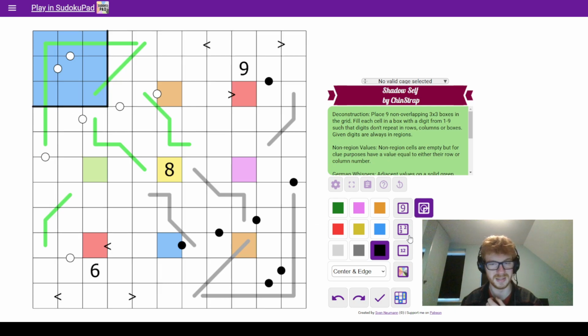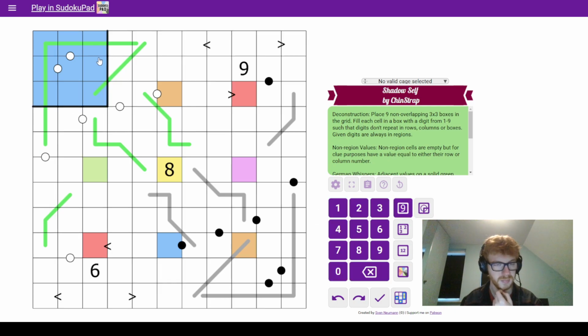Now, I'm having trouble saying that this has to be part of a region, because if it isn't, it's either 5 or it's 1.